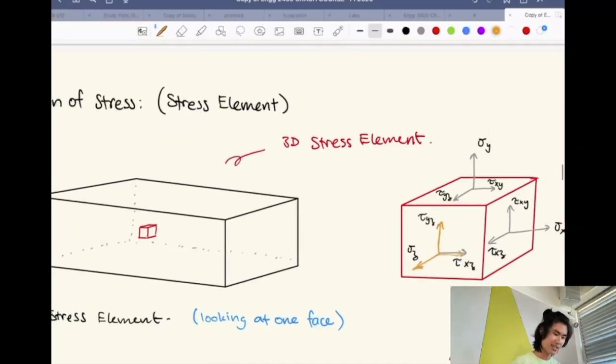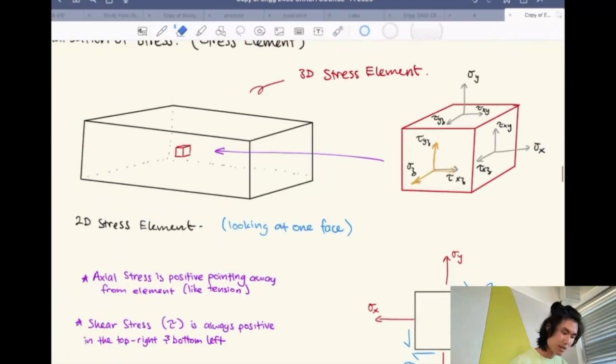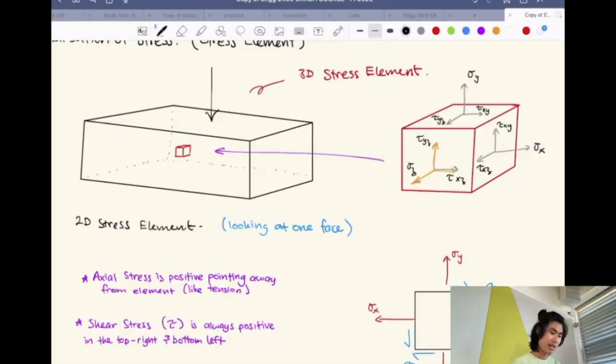And what this looks like in the 3D element, anywhere in the beam, this element can be anywhere. So for example, if you have a load on this particular beam, then the stress at a point down here, and this is on a microscopic level, right? The stress here will be completely different to the one over here in every single way.